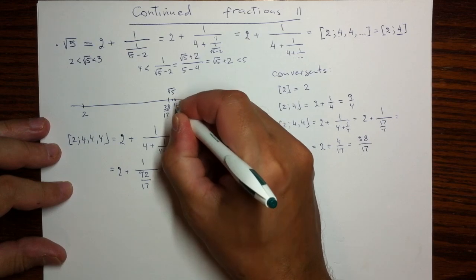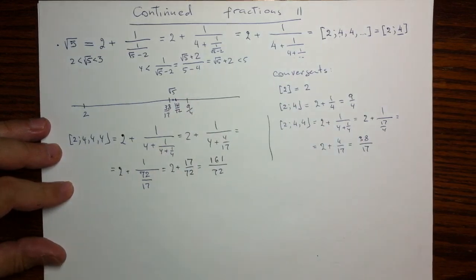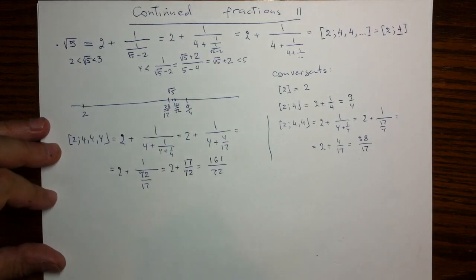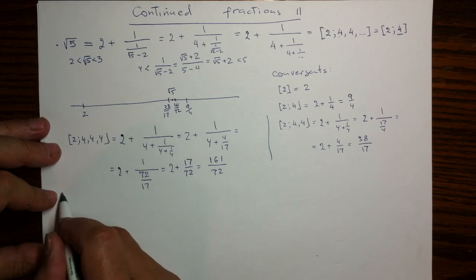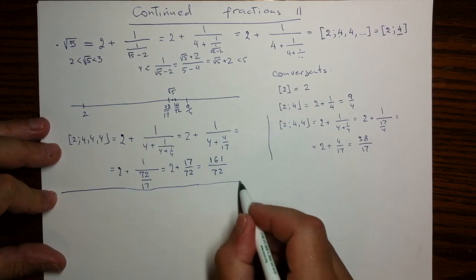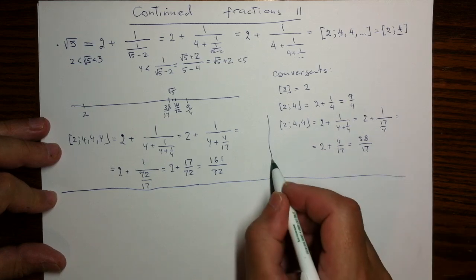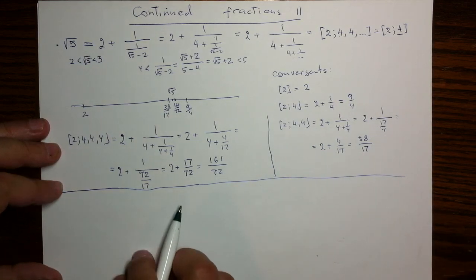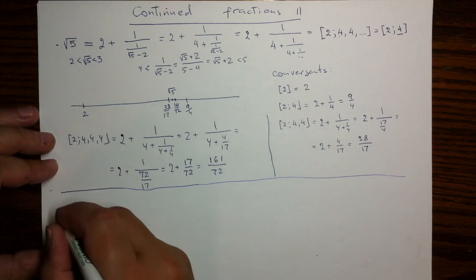So 161 over 72 is the next convergent. And you could see that you really approximate numbers very quickly. That was, before calculators, a practical way of approximating the rational numbers, dealing with them in, say, engineering applications.